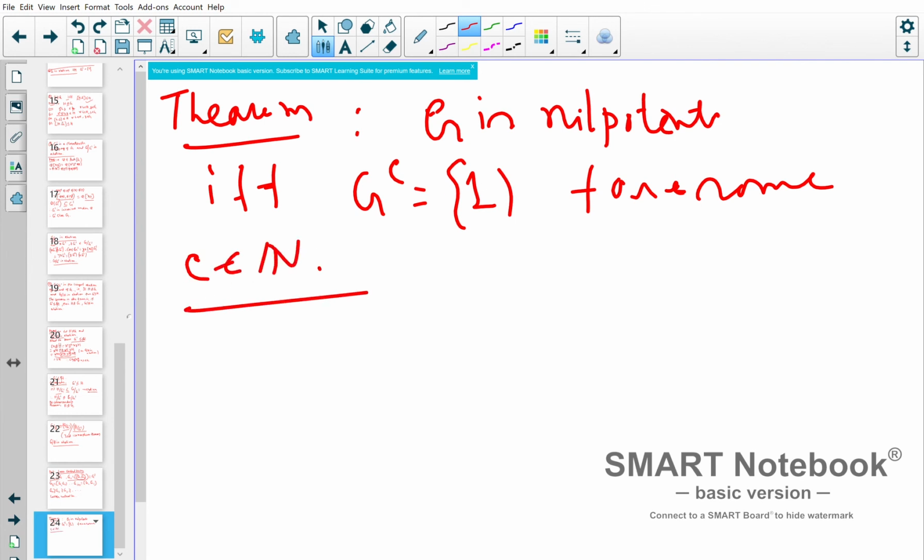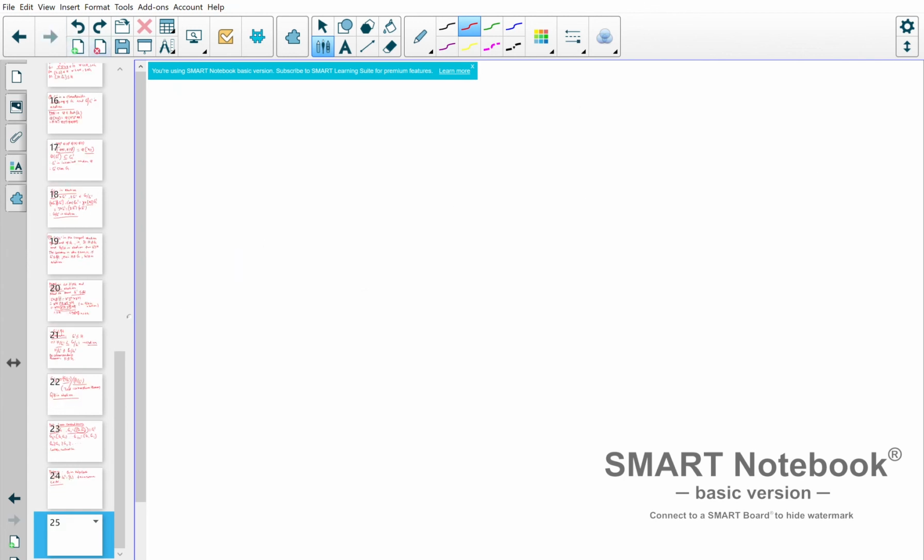This C is the class of nilpotency. And the proof is also not difficult. So to prove this, what you need to prove, so this is the proof.